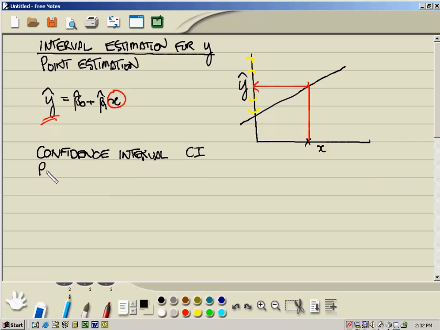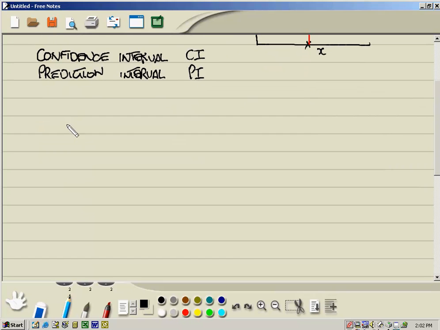And the other one is the prediction interval, which I'll abbreviate as PI. Alright, let's discuss both of those and try to point out the differences.